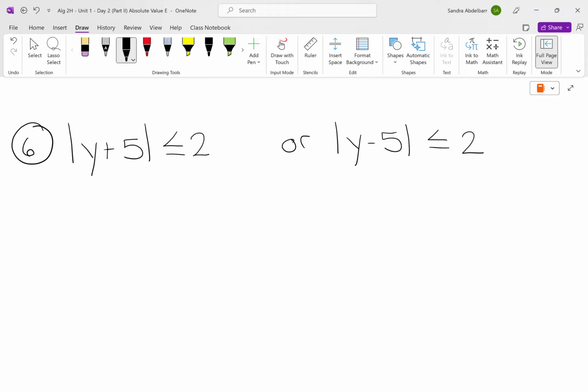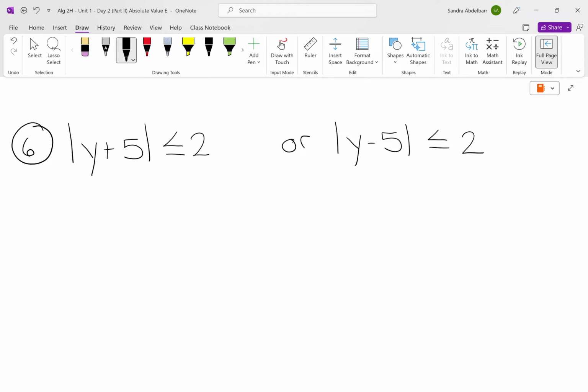So we have a lot going on here, right? Because this alone is a lot, and then this alone is a lot. But then we're taking our final things from here and here and then using them as an or. So we're going to go through this step by step.